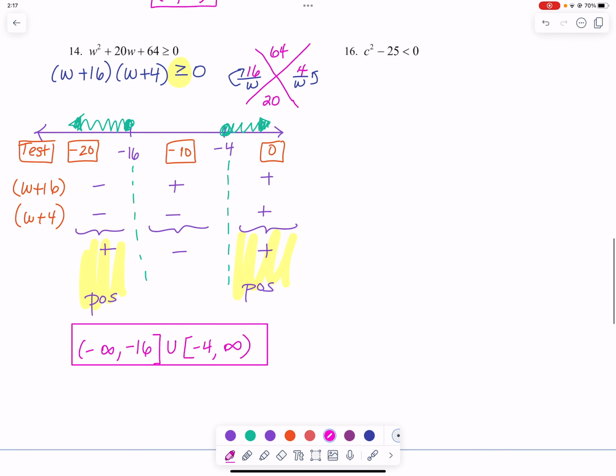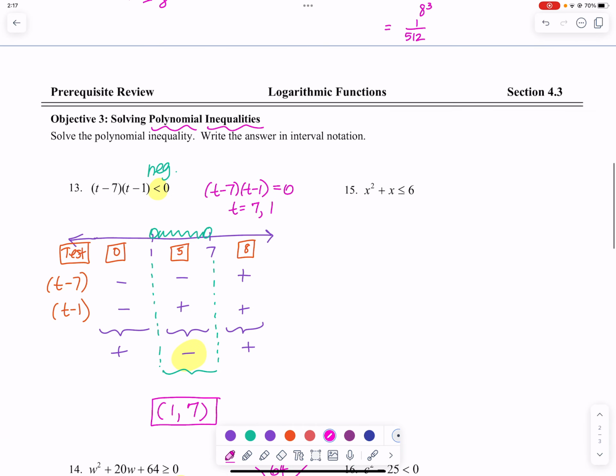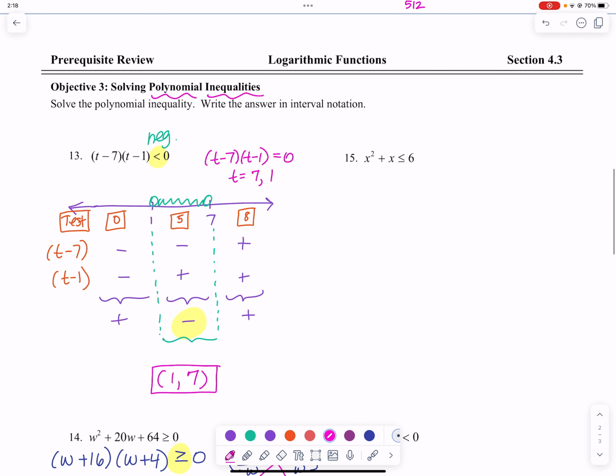Okay, moving on to number 15. We do not have factored form, so we need factored form and 0 on the right-hand side. So as you can see, we have x² + x - 6 is less than or equal to 0.